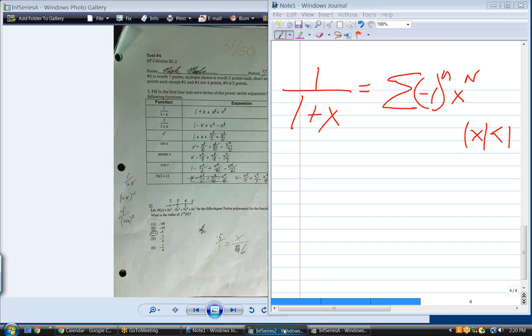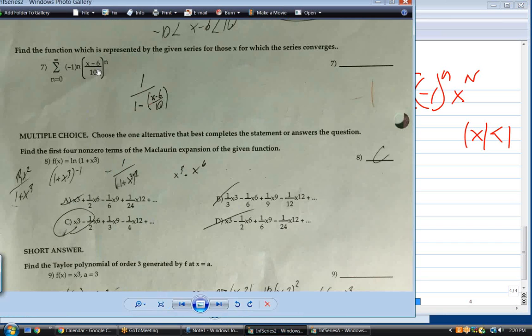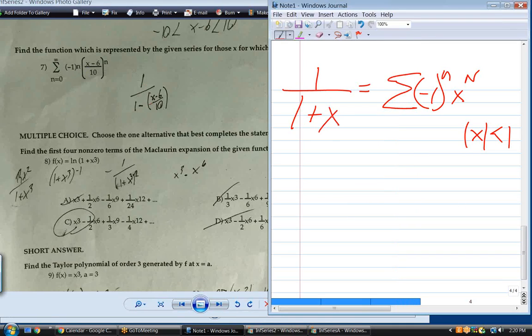We're looking at, instead of x, x minus 6 over 10. That's the only difference between this series and this series. So if I have something that says minus 1 to the nth times x minus 6 over 10 to the nth, that's a geometric series, an alternating geometric series.